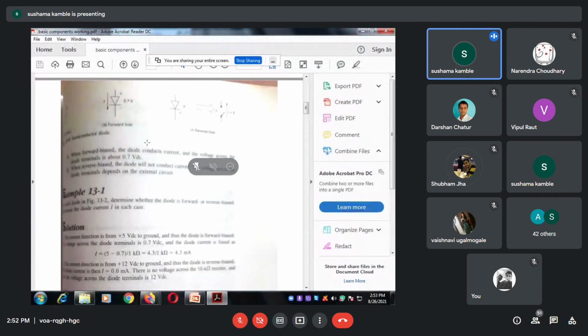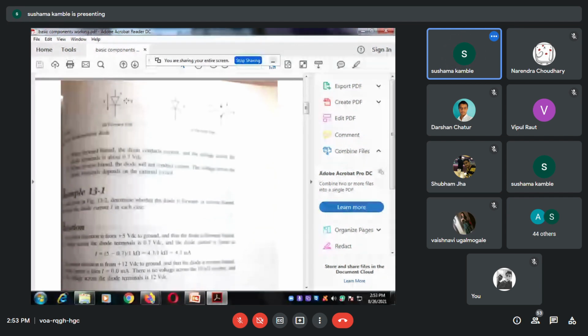Okay. Now see, this is a diode. I have told you this is the anode, and this horizontal line is called the cathode. So when will the diode conduct?